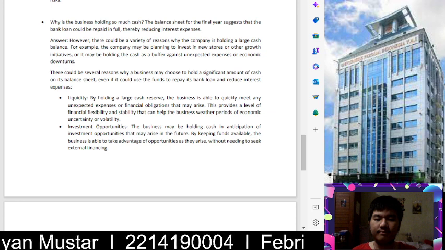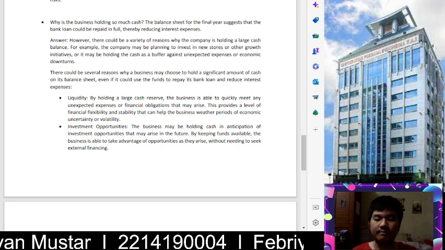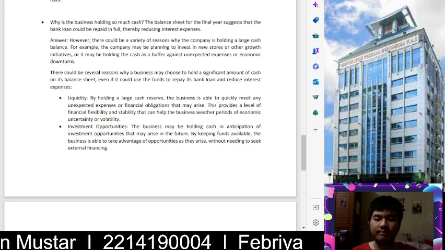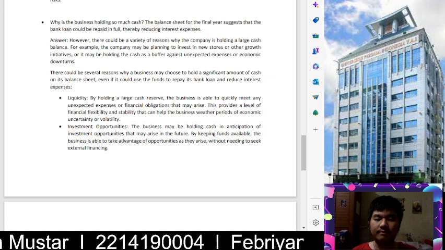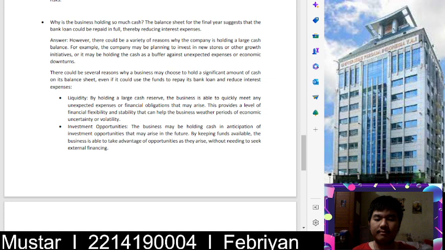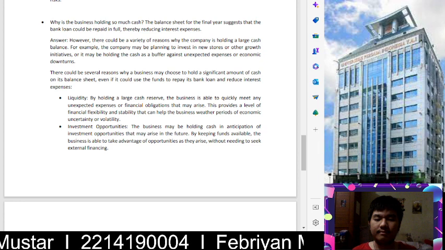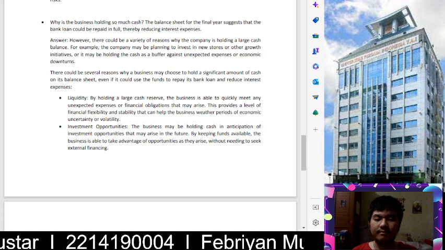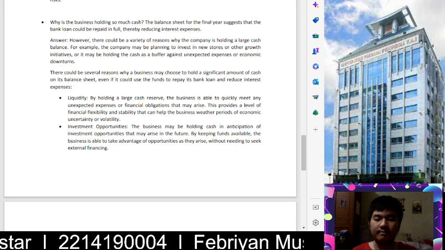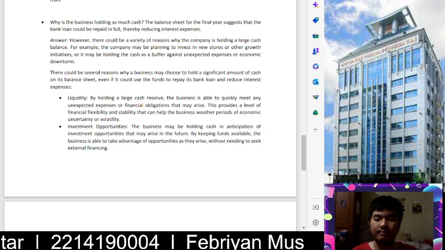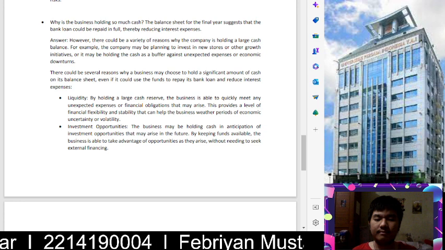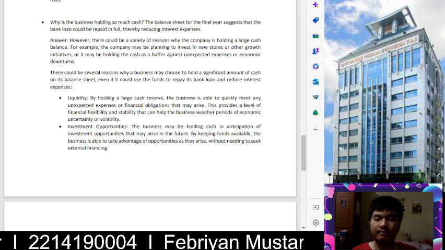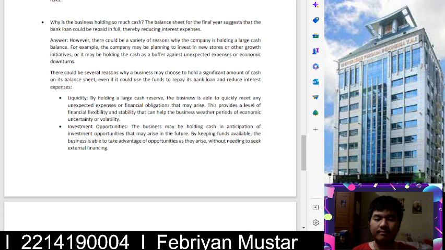The answer: there could be a variety of reasons why the company is holding a large cash balance. For example, the company may be planning to invest in new stores or other growth initiatives, or it may be holding cash as a buffer against unexpected expenses or economic turns.